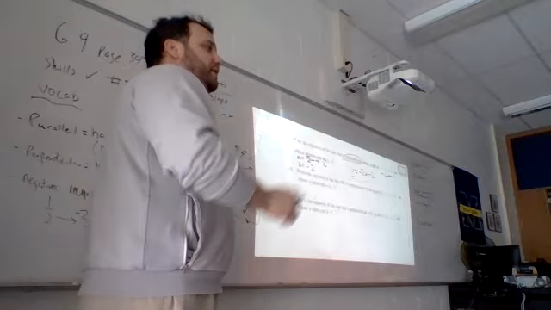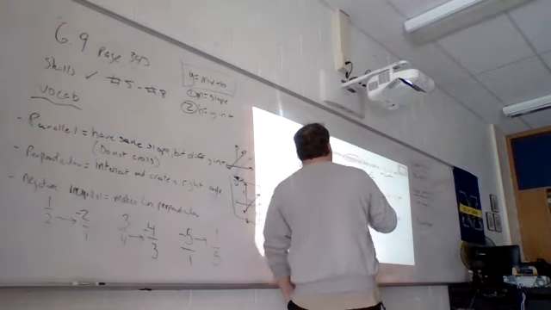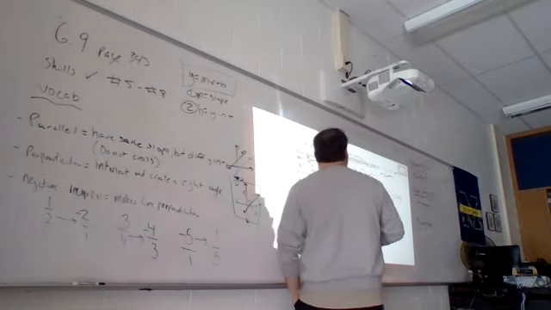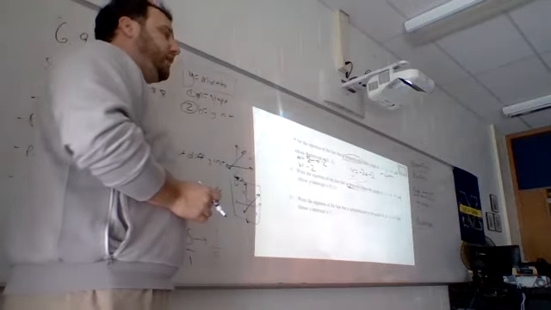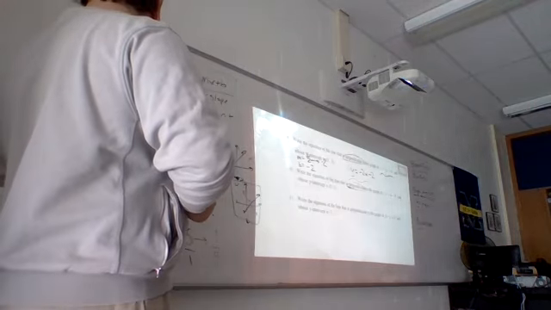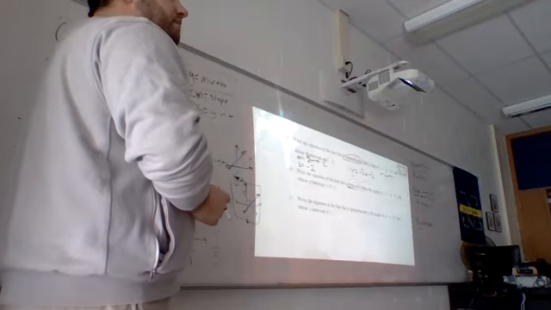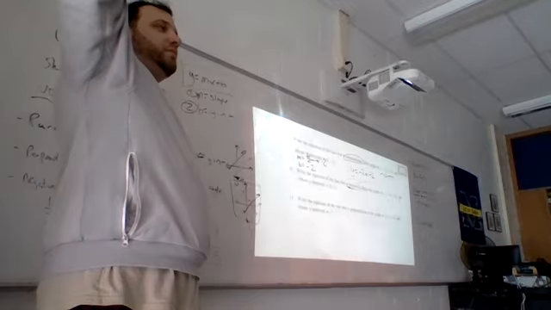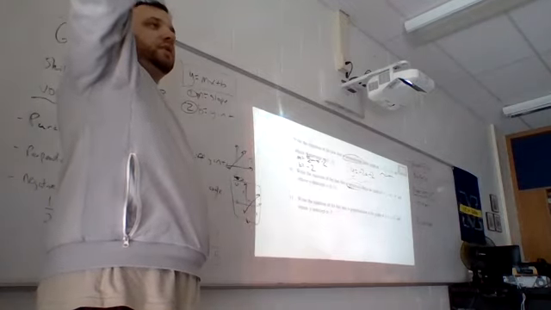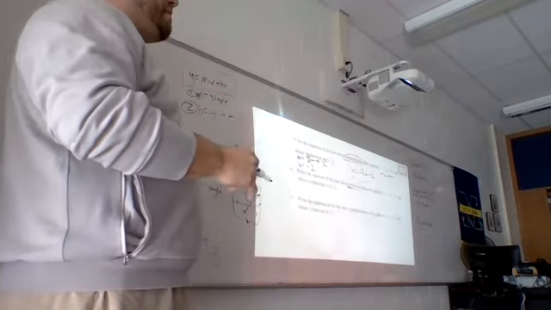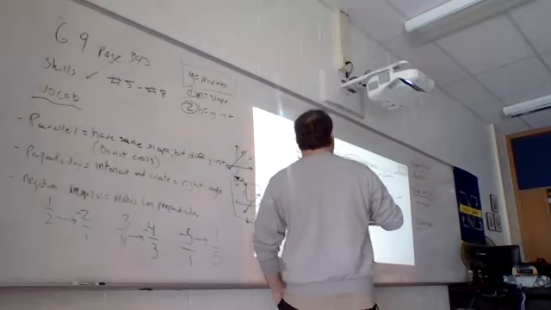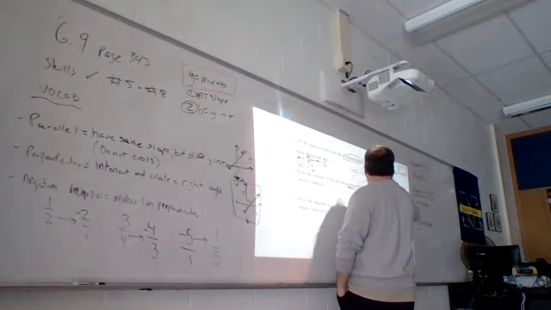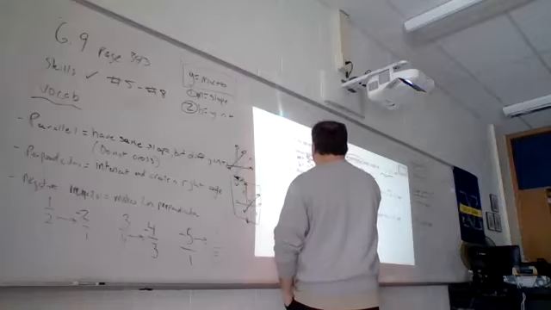And this is the point of circling vocabulary words, because then I know how slopes are related. They're perpendicular. Perpendicular means negative reciprocal. Reciprocal means it's flipped. Negative means the sign is opposite. So in my original line, I have a slope of -4.